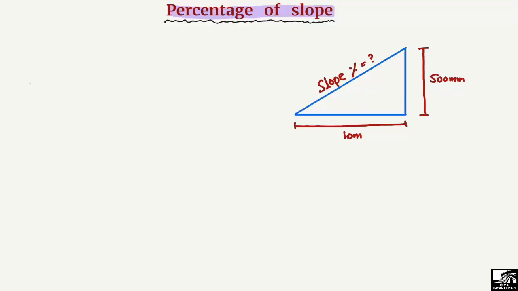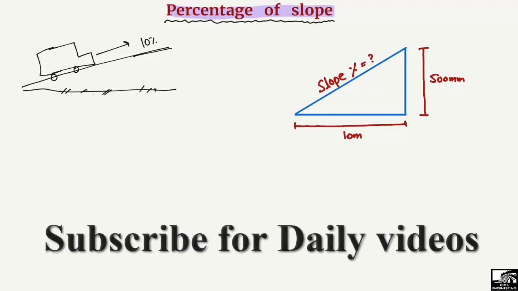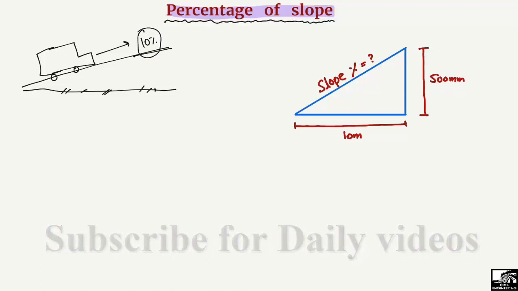For example, there is a road and a vehicle, any car or truck, moving on it. If this road has a slope of 10%, it shows how steep it is compared to the horizontal reference surface. So slope shows the steepness of the road or any profile surface.